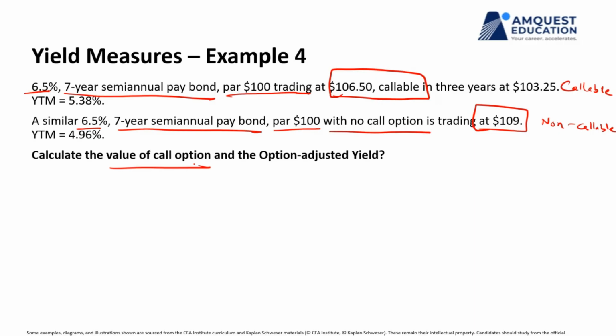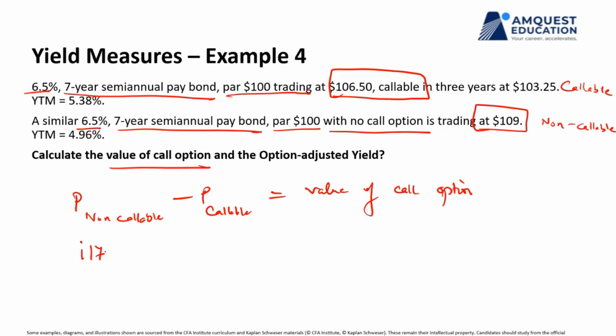Calculate the value of the call option. Now, very simple. Price of non-callable bond minus price of callable bond is the value of the call option. How do you remember this equation? Simple. I tell you, you have to buy iPhone 17 and you have to buy iPhone 16. And if I ask you what is the difference, why is there a difference in the value of the two?